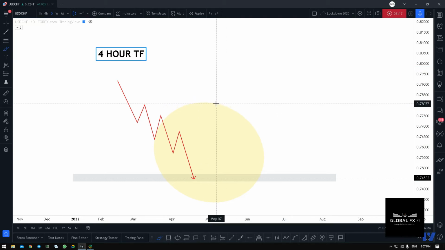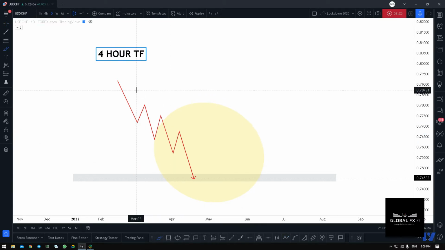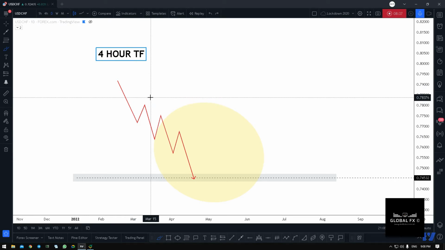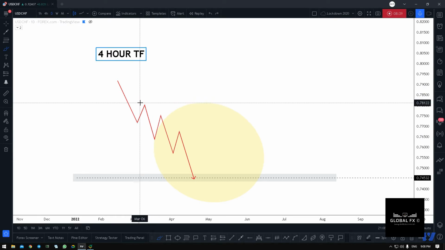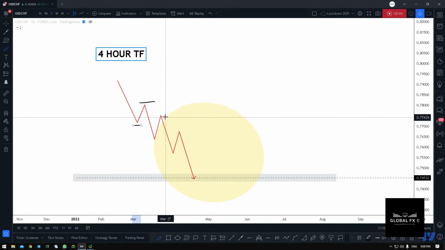Before we start with this market environment, I will just explain very briefly how market environment works. Market environment is a very simple thing. When the market is in a bearish momentum, we have what we call a lower high and a lower low, lower high and a lower low.